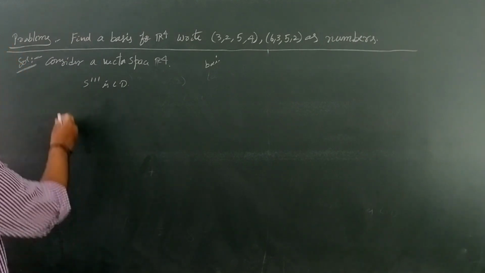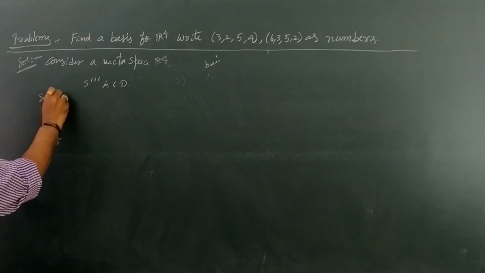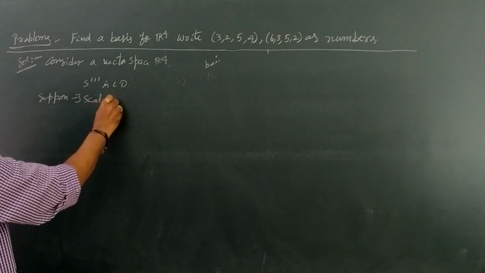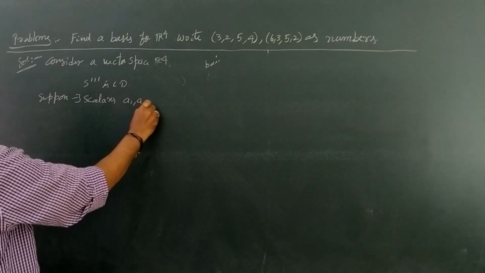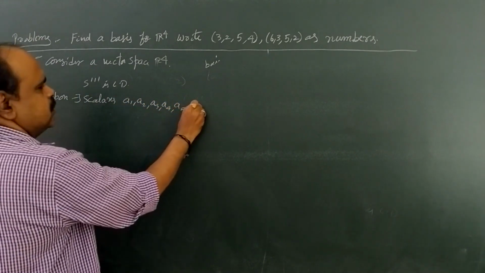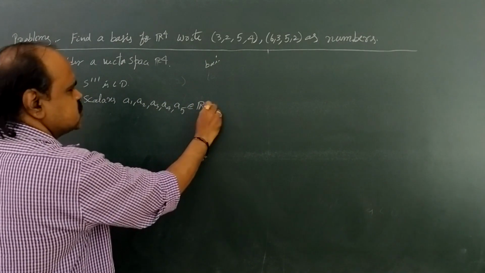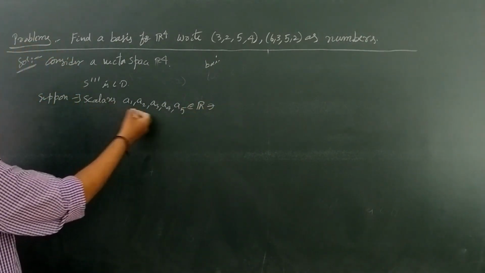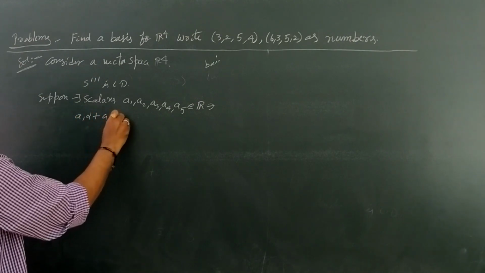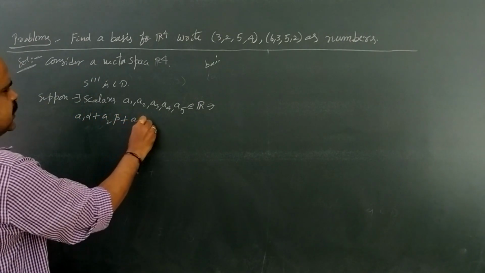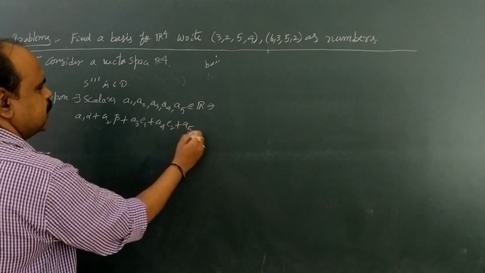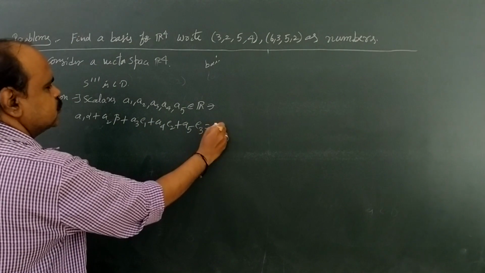Suppose there exist scalars a1, a2, a3, a4 and a5 belongs to R such that a1 alpha plus a2 beta plus a3 E1 plus a4 E2 plus a5 E3 equal to 0 bar.